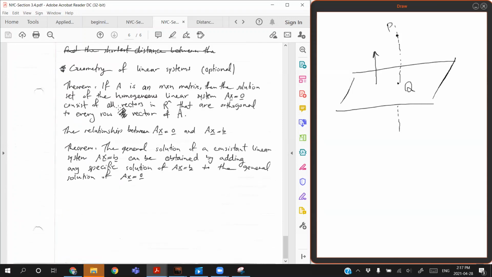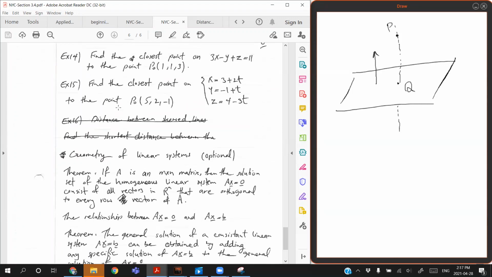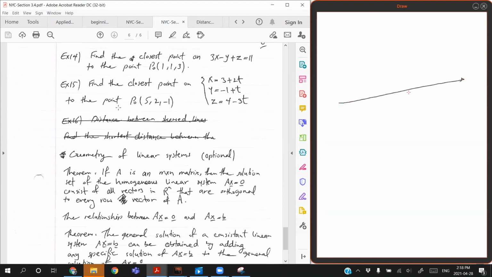You have a line, and you have a point that's outside that line. Let's call this P and let's call this Q. You're looking for Q. You're given P, you're given the equation of the line, you're looking for Q.